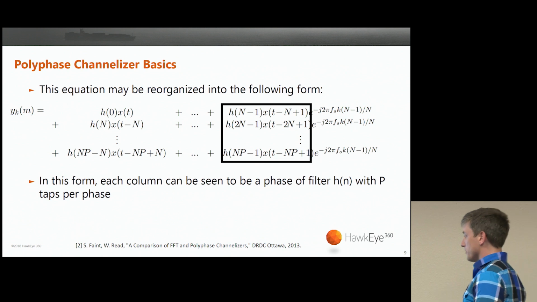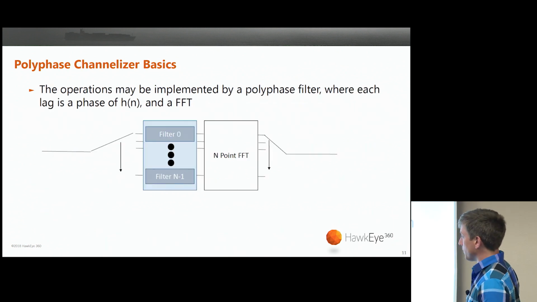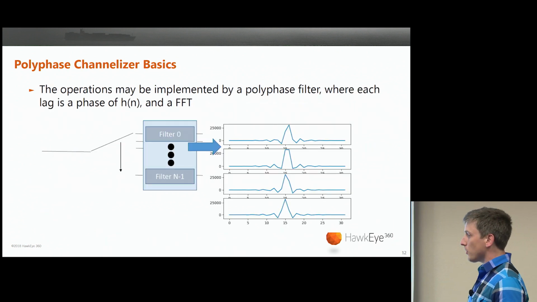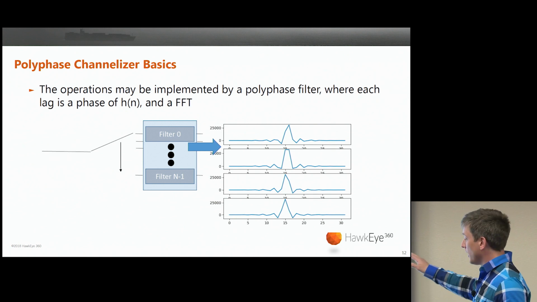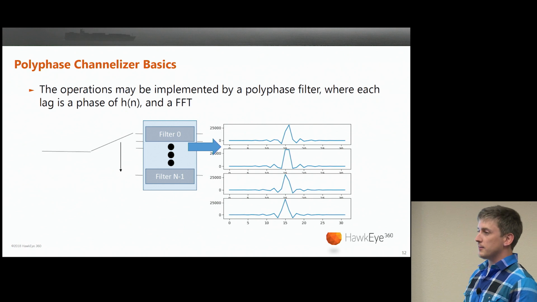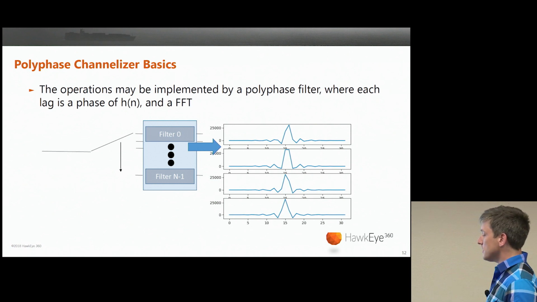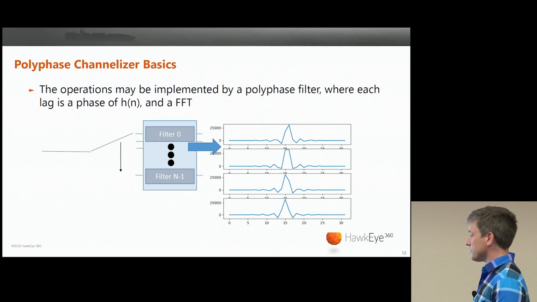So a phase of the filter is just as simple as this. In this diagram, you have four filters plotted vertically here. If you look at the bottom one, that's a sinc function, and you can see that the samples are perfectly aligned. If you go up one, your sample alignment is off by one. So it's still the same filter.